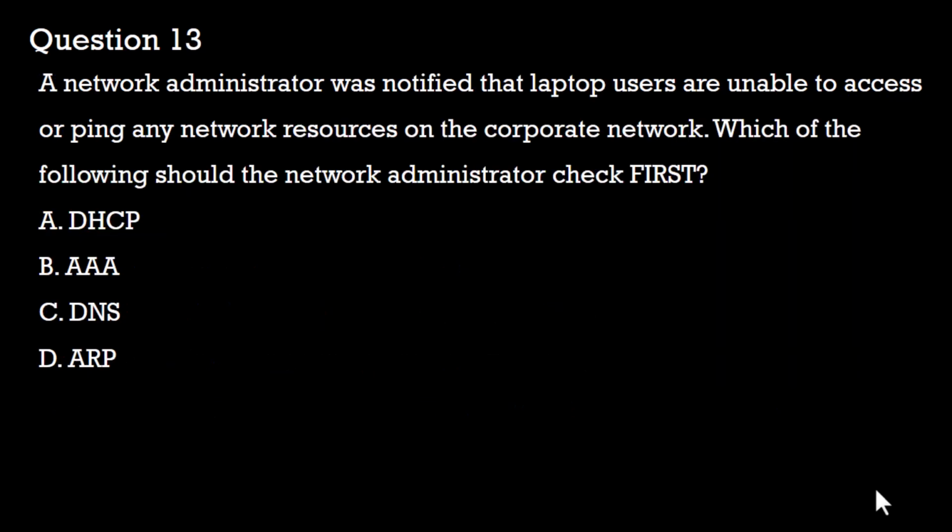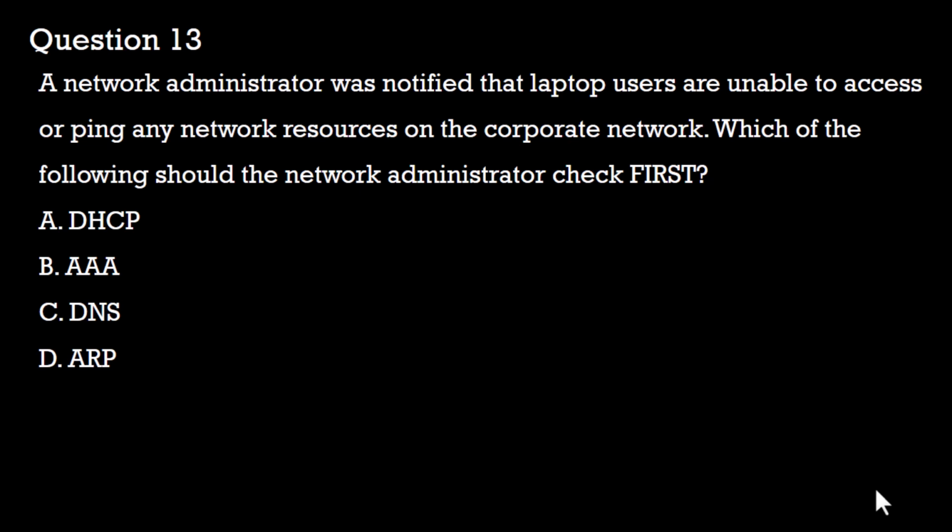Question 13. A network administrator was notified that laptop users are unable to access or ping any network resources on the corporate network. Which of the following should the network administrator check first? A. DHCP. B. AAA. C. DNS. D. ARP.